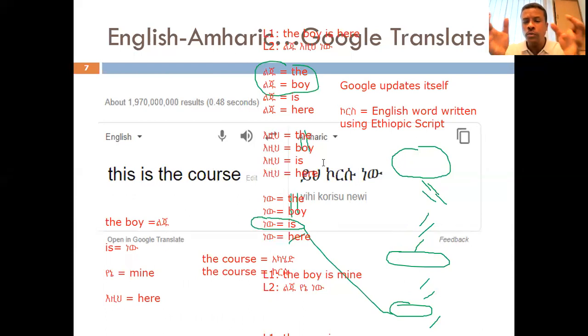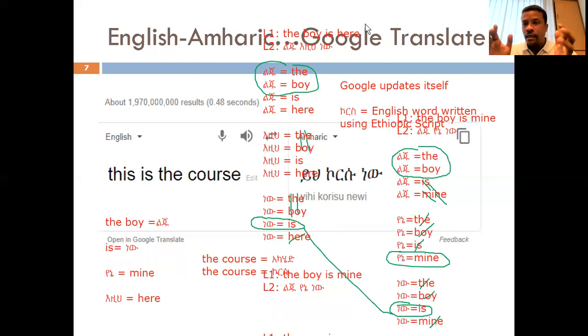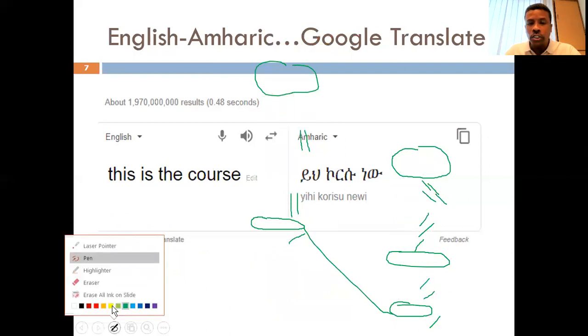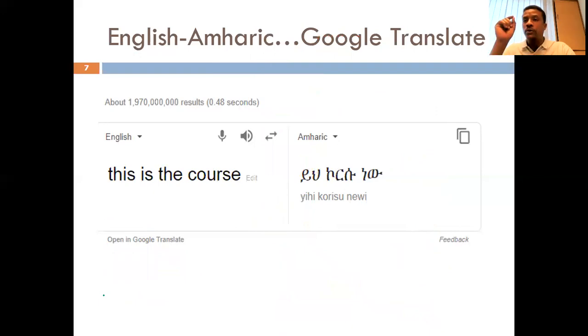So as I said, the most important thing here is to come up with a bytext. And the bytext is a sentence in one language being translated to the other. So what we know is Google is going to make a lot of use of such bytext in all machine translation. So the idea that I want you to take from the bytext, just like in the example that we have seen, is that the term the course in English co-occurs with the Ethiopic script course from the Amharic text.